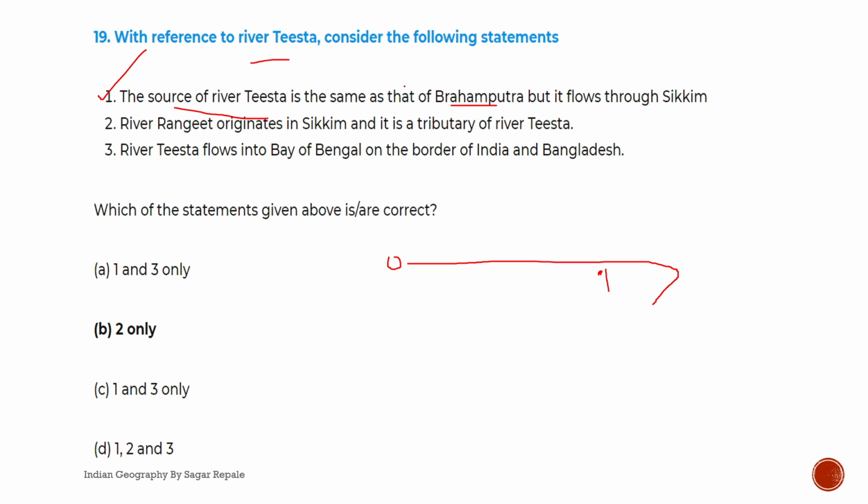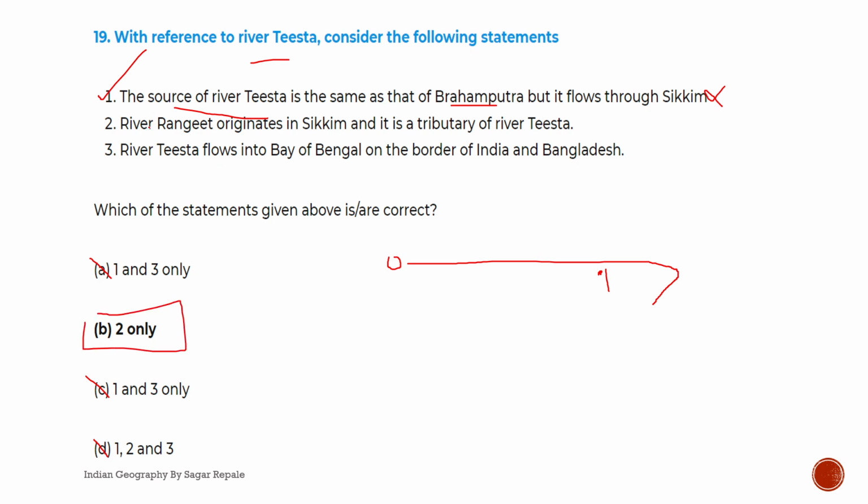So the first statement is absolutely wrong. Their origin is not at all near, they are very far. So first statement is wrong. So you can easily cancel option A, option C, and option D, and you can reach your correct option, that is option number B, 2 only.